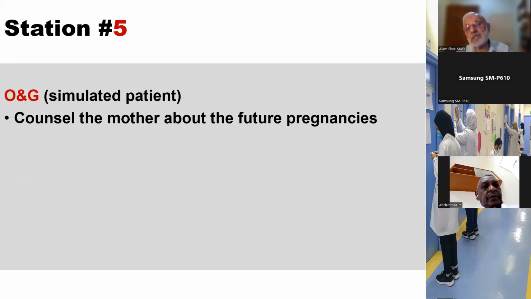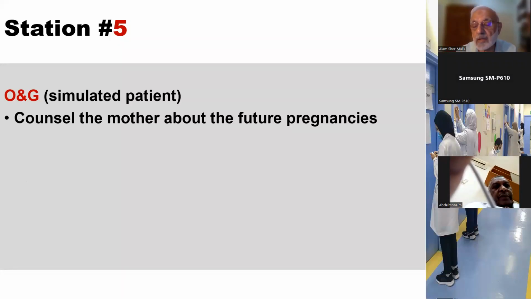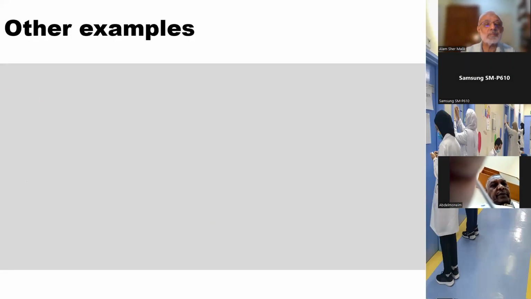So here you see this is multidisciplinary in the way that 2 disciplines are involved, pediatrics and obstetrics and gynecology, but it is the same scenario being followed throughout the 5 stations, and all the assessment tasks are related to the same scenario.